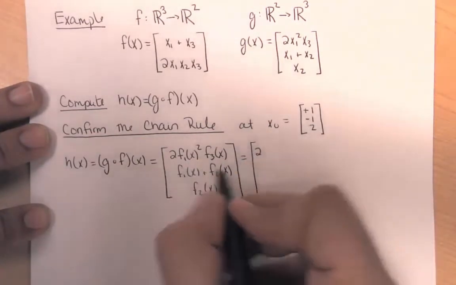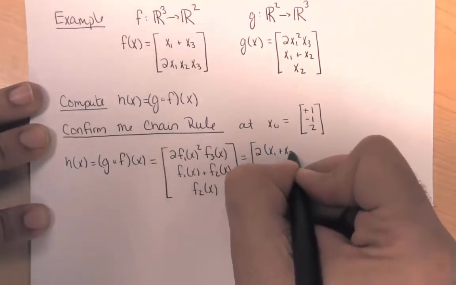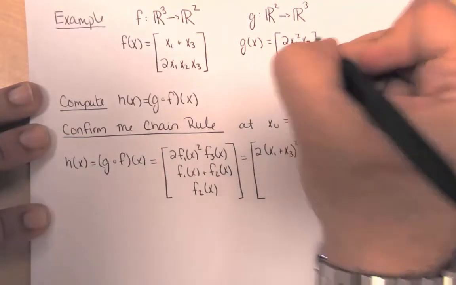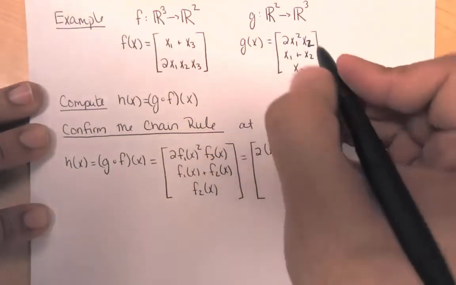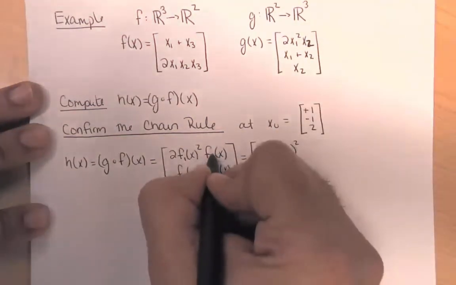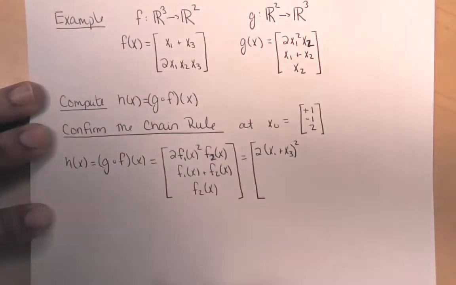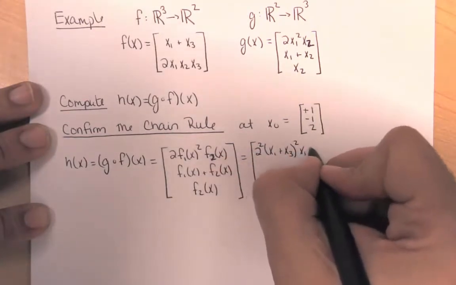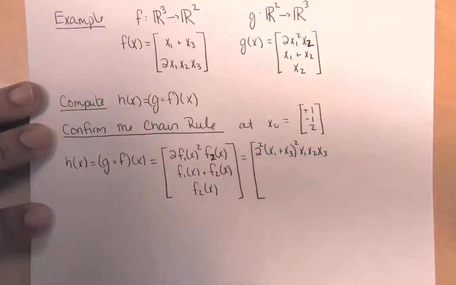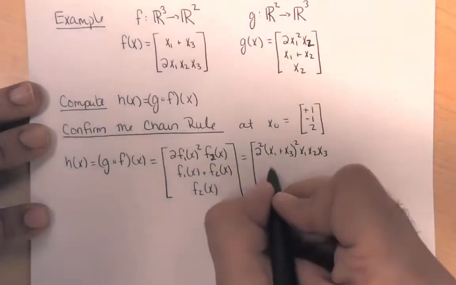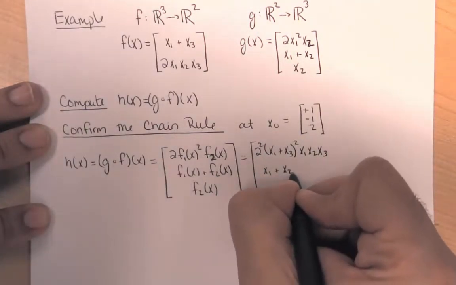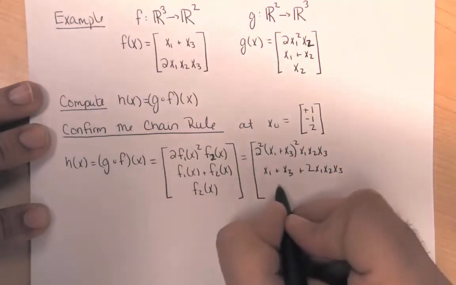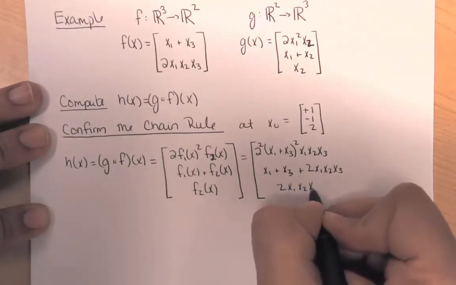So I'll get 2 times f1, which is x1 plus x3 squared, I'm sorry, that should be x2, because g maps R2 to R3, so there is no x3. And this would be f2 times 2, so 2 squared, x1, x2, x3, f1 plus f2, and then f2, which is 2 x1 x2 x3.